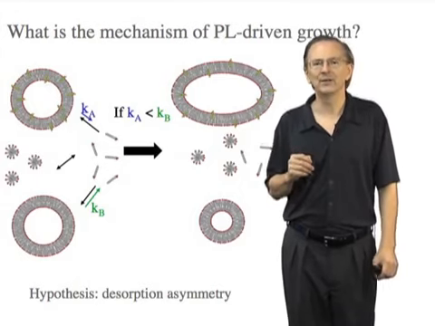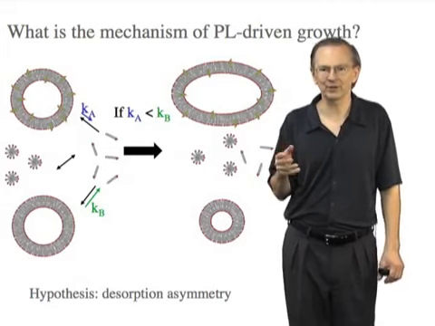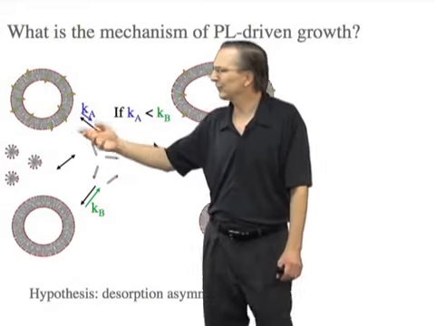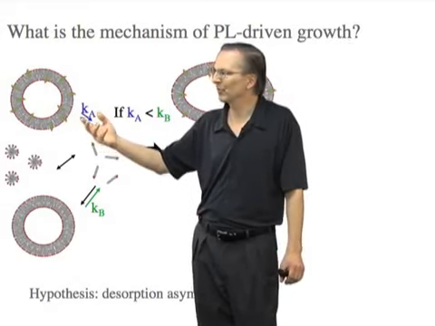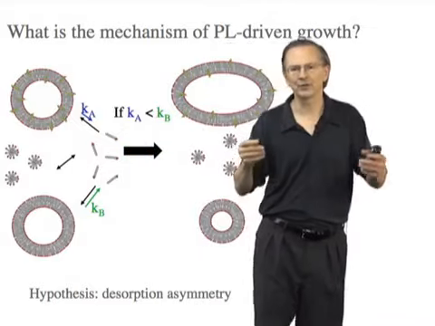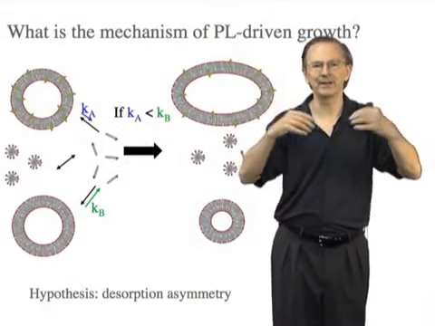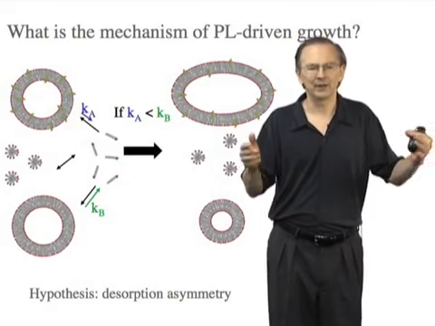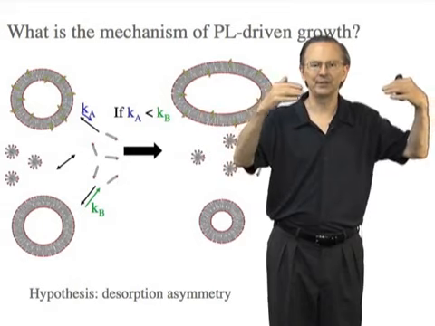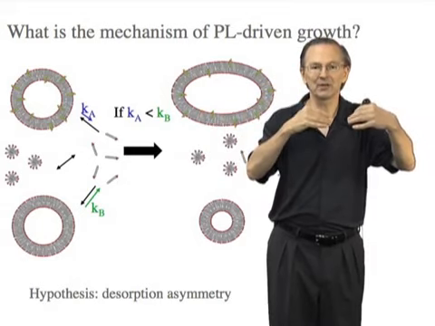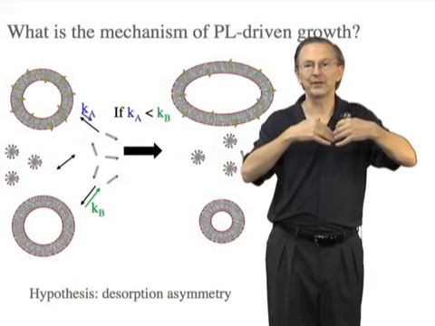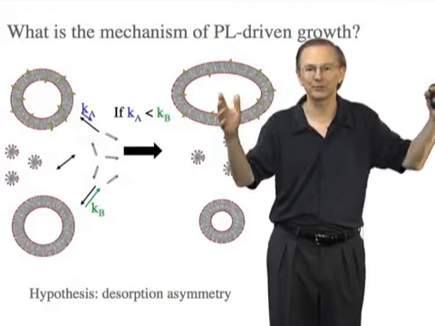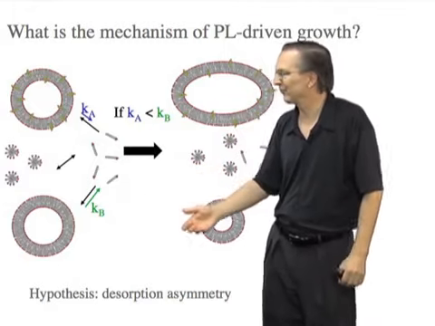But it turns out that in addition to that factor, there's actually a quantitatively more important factor, which is the fact that these phospholipid molecules change the properties of the bilayer such that the dissociation of fatty acids from the bilayer is slowed down. As a result, the vesicles grow because the association rate constant is the same, but the dissociation is slowed down. So they hold on to more of their molecules, they grow, and the pure fatty acid vesicles therefore shrink.